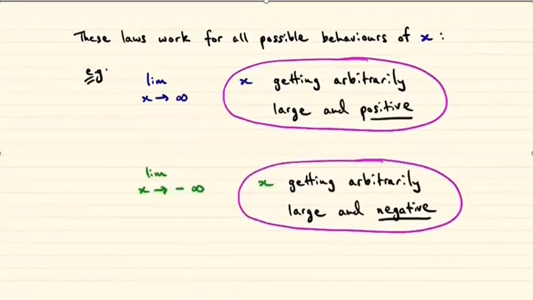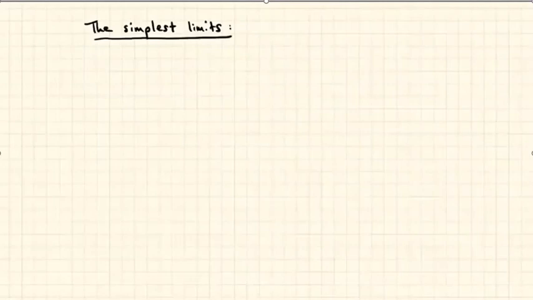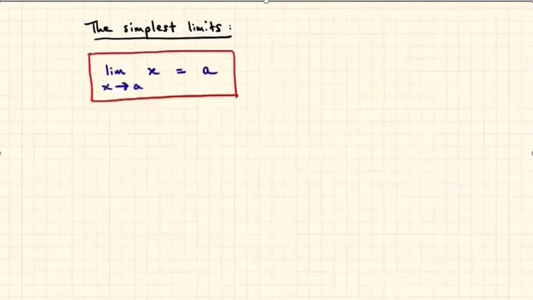There are a few building blocks, and you can combine them with the limit laws to progress very rapidly in many cases. Firstly, the limit of x as x approaches a is clearly just a.